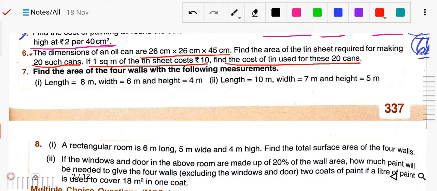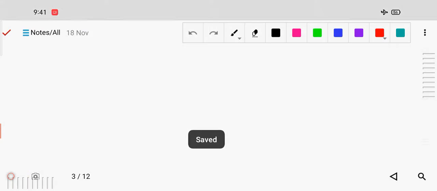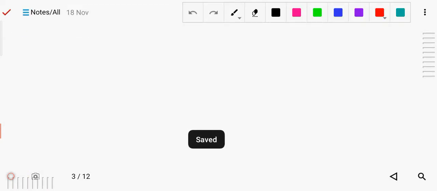So this is the dimension of one can, and you have to make 20 such cans, and the cost is there. For 1 square centimeter you have to pay 10 rupees. Okay, so you have to find the cost for these 20 cans. So this is question number 6.